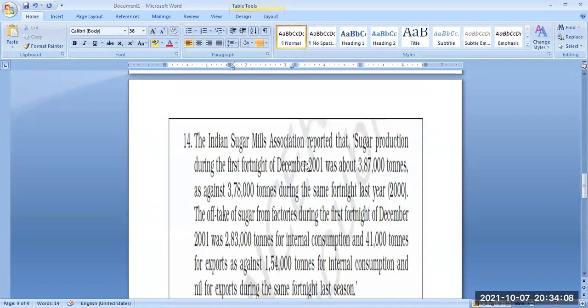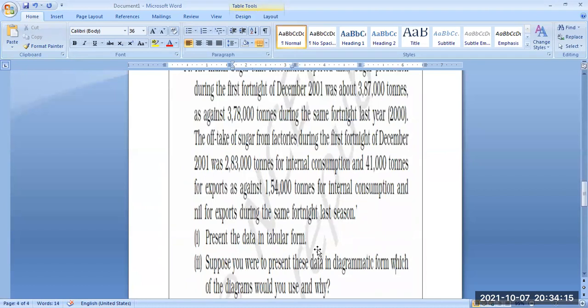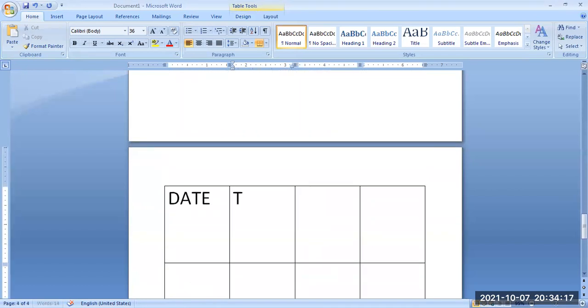First we require sugar production, so I will take total production.